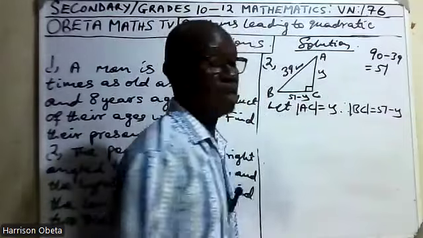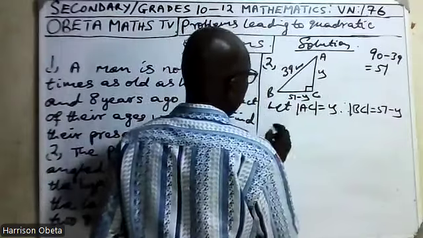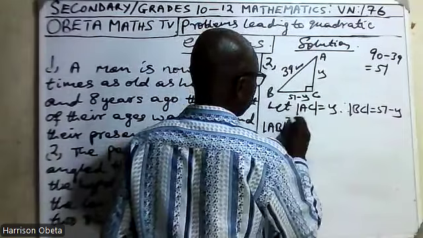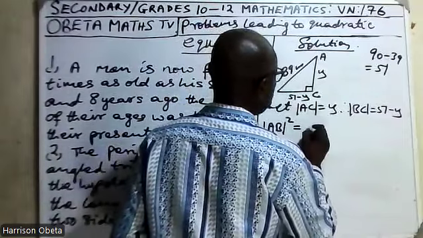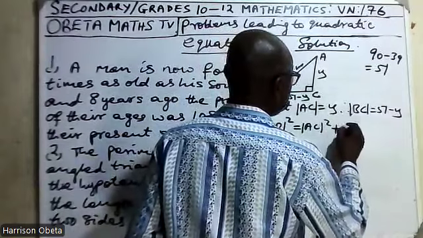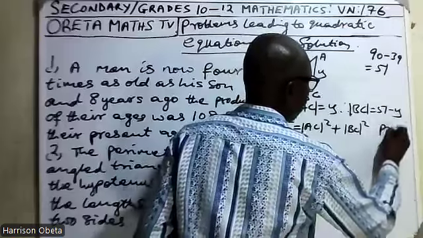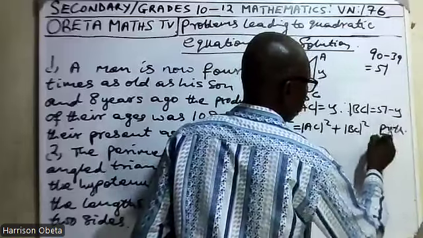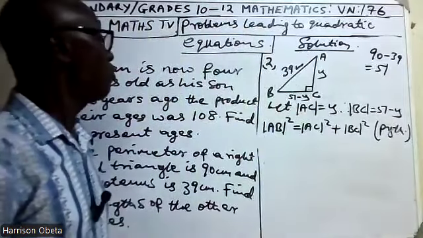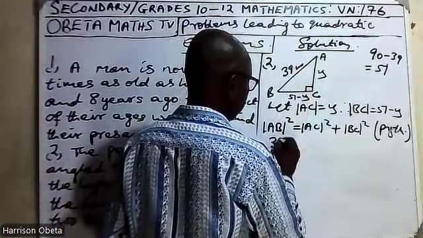So remember, we can use Pythagoras theorem, and that means we know that AB squared is equal to AC squared plus BC squared. AB we know is 39.